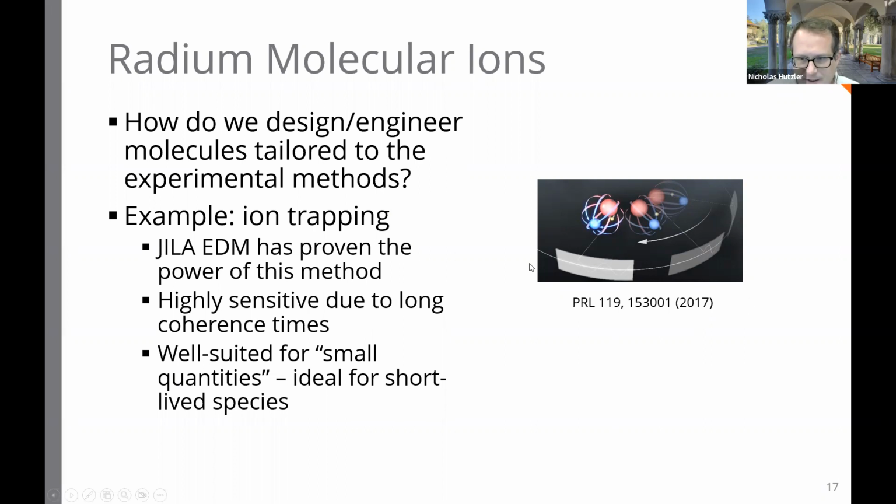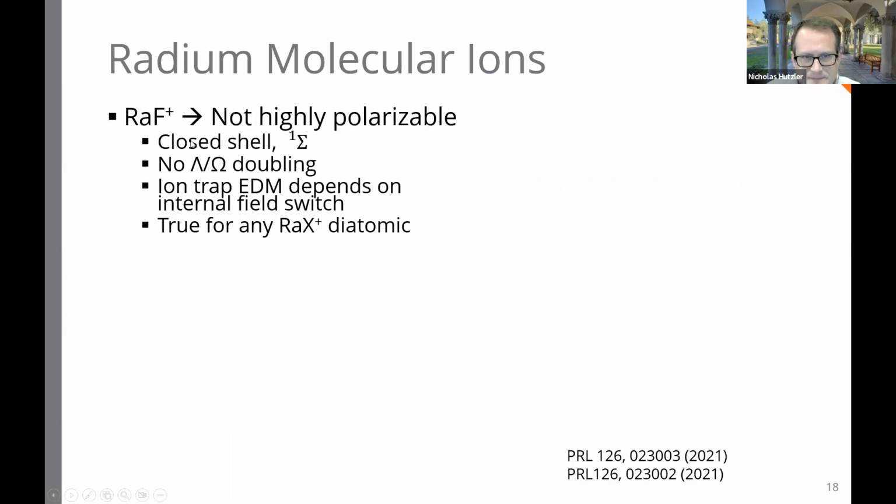So it seems like a good match, but a problem is that your radium just has whatever electronic structure it has. And it turns out that the electronic structure, at least for diatomic molecular ions, is not very useful for the JILA EDM approach, where you ideally would like parity doubling, which is an important ingredient in that experiment.